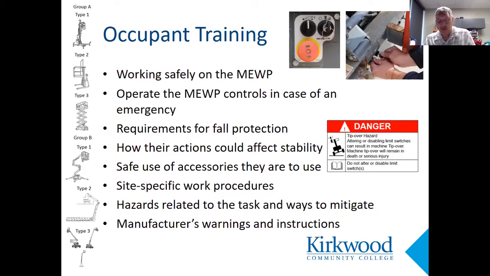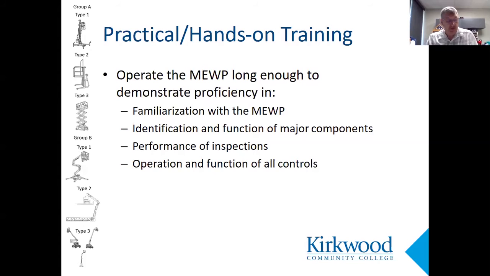Now we're going to talk about classroom and walk around the machine. Now we're going to give them a chance to do some hands-on activities. And again, I can't emphasize enough, time is needed here. Patience is required. So we want to allow the operator enough time to demonstrate proficiency, so you can make a checklist.